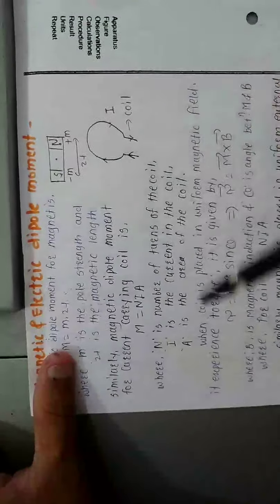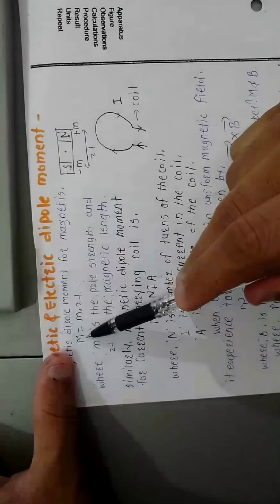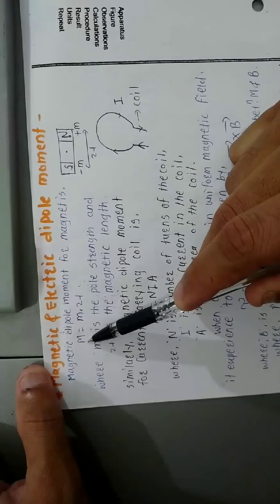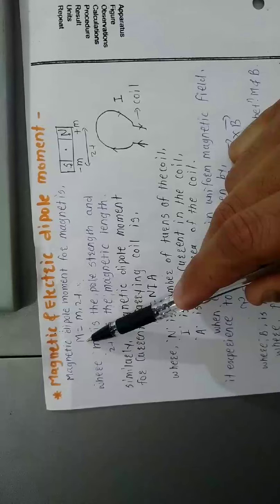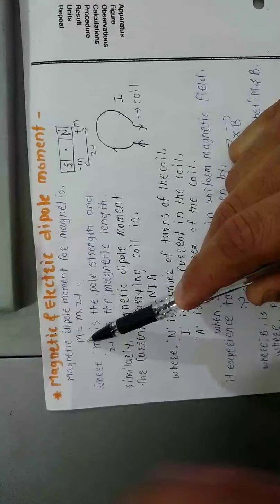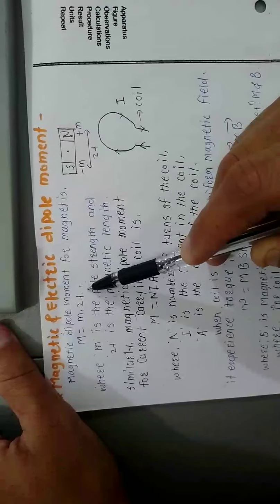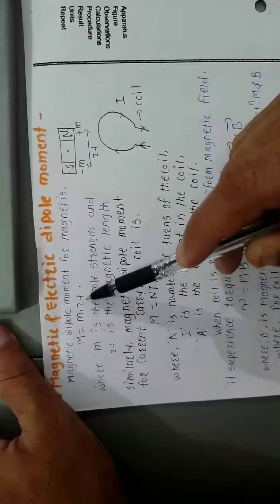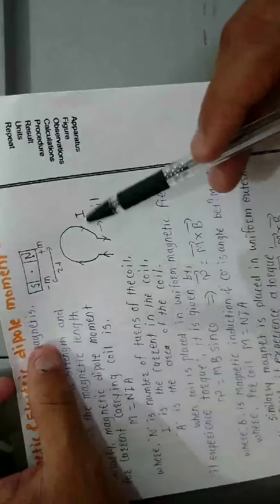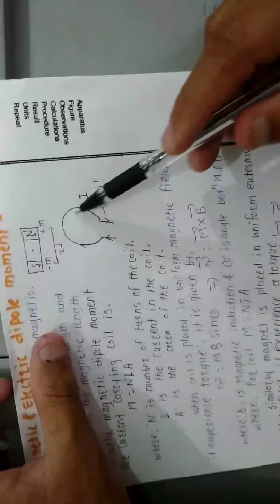How can you define the magnetic dipole moment? The magnetic dipole moment capital M is the product of pole strength and magnetic length. But suppose the magnetic field is produced by a current carrying coil.